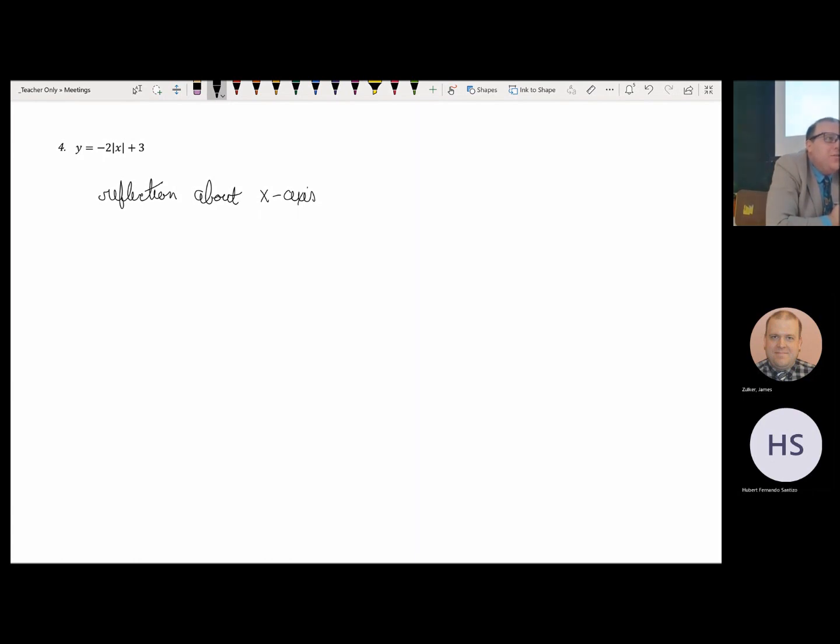This is not a polynomial. If the constant is less than 1, then it is a compression by a factor of its reciprocal. So if it was 1/2, you'd be compressing by a factor of 2. This is greater than 1, so it's a stretch.